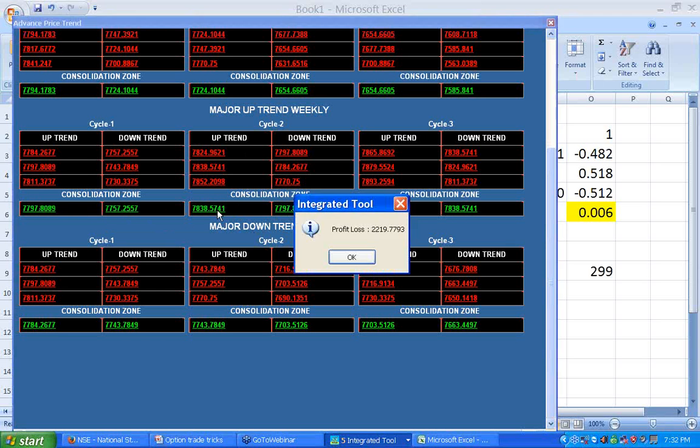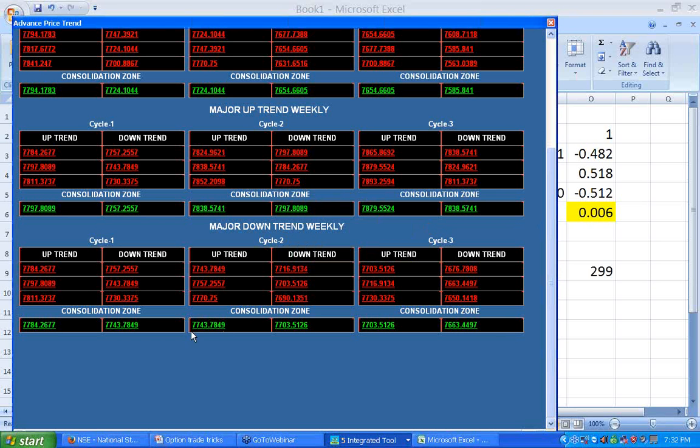If first cycle penetrates, then you will be uptrend wise, you can get some profit. If it is going to 7838, from here onwards your profit will start increasing, and this weekend if you are getting 7879, your profitability will be around 16,000 for this particular strategy.